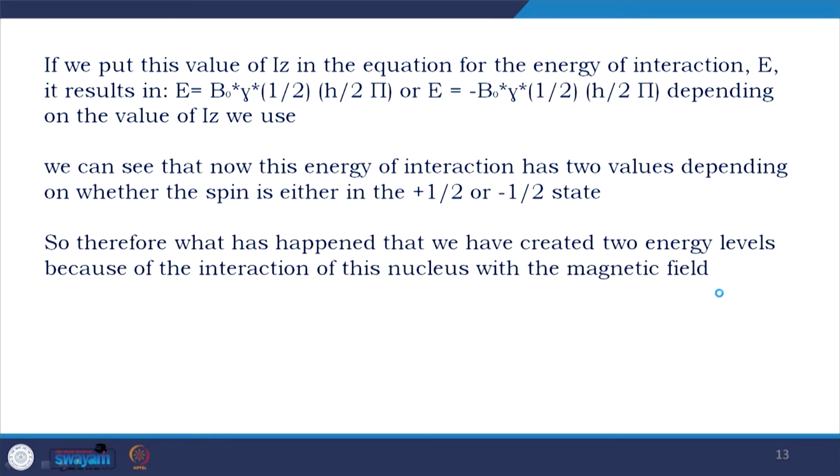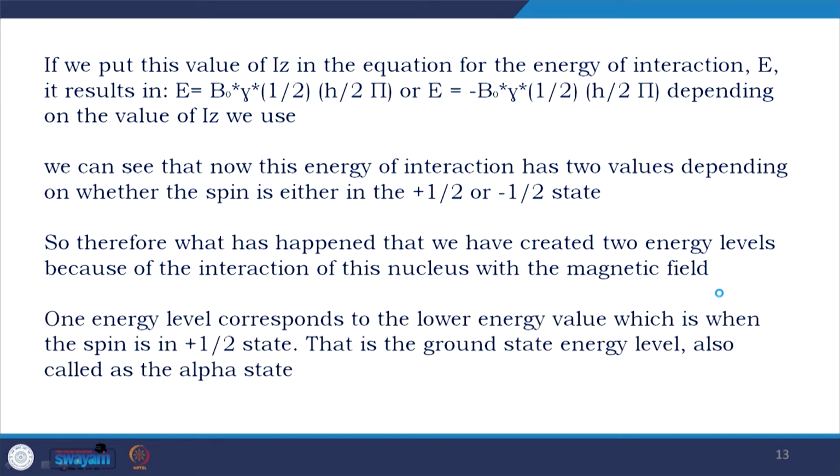So, what has happened is that we have created two energy levels because of the interaction of this nucleus with an external magnetic field. One energy level corresponds to the lower energy value, which is when the spin is in the plus half state, that is the ground state energy level, also called the alpha state.